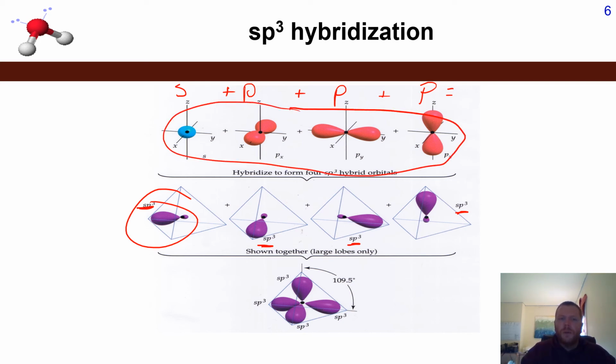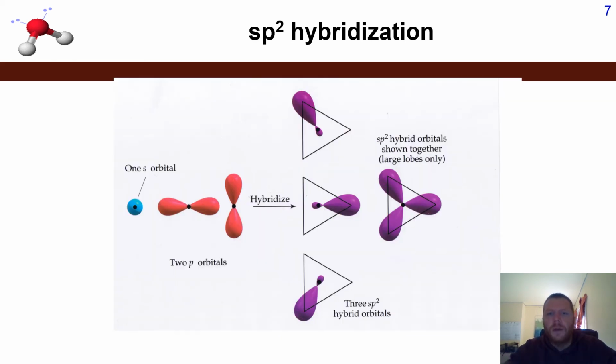So this right here, I've just drawn an X, that's where our central carbon is. Then we have an electron in an orbital that is partially s and 3 parts p. It's an sp3 hybrid orbital. Okay, so that's the foundational concept of orbital hybridization.